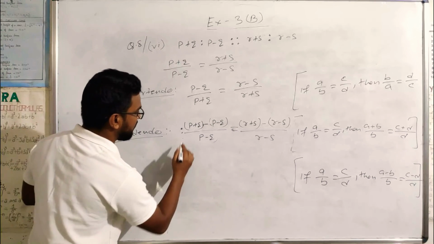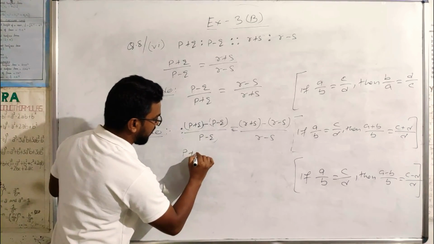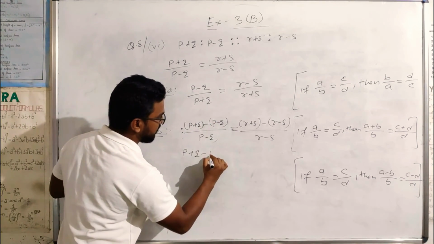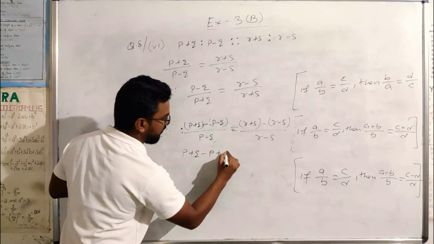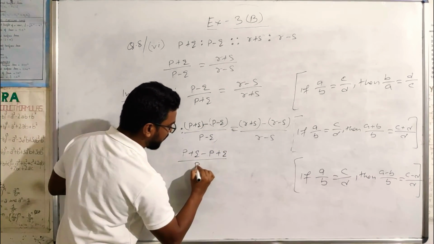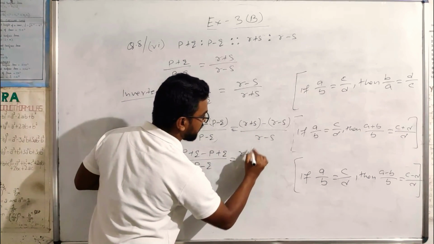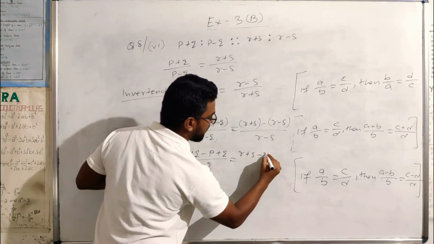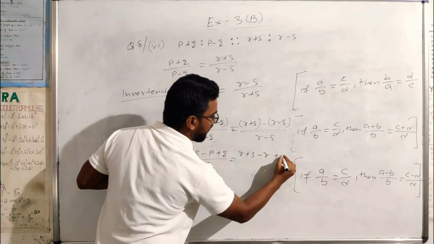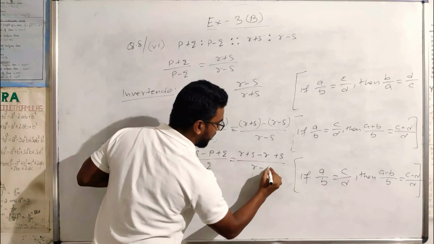There will be a little bit of changes. If you open the bracket, it will be minus P, minus minus plus Q. The denominator will be P minus Q. Similarly, R plus S minus R minus minus, it will be plus S, divided by R minus S.